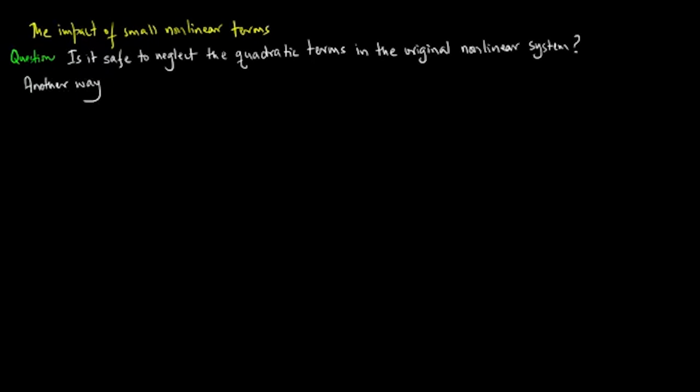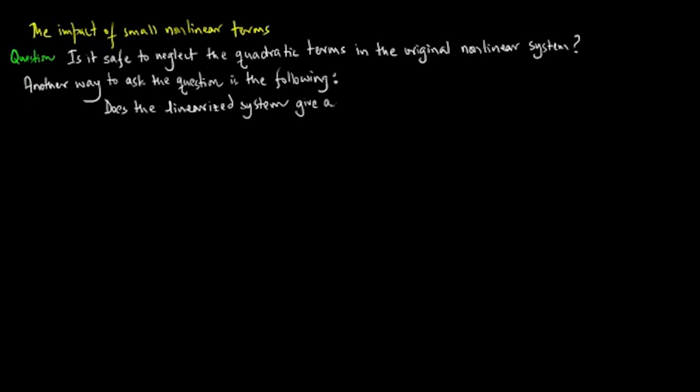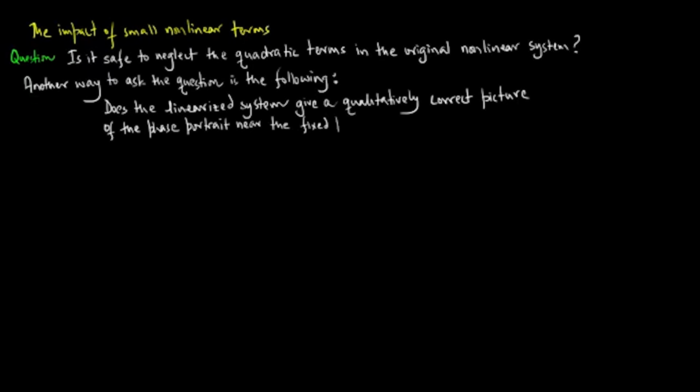Another way to ask the question is the following: does the linearized system give a qualitatively correct picture of the phase portrait near the fixed point (x star, y star)? The short answer is yes, but we have to be very careful.